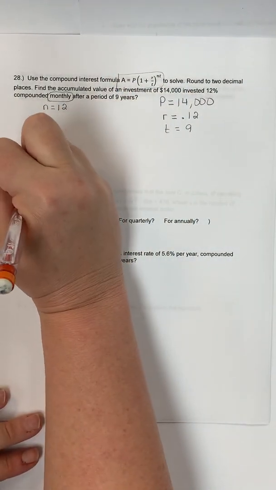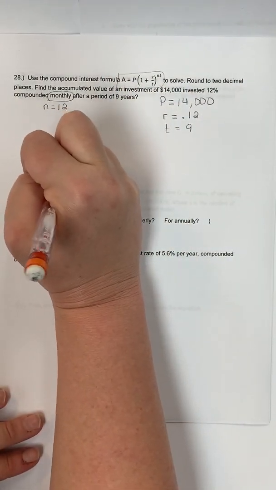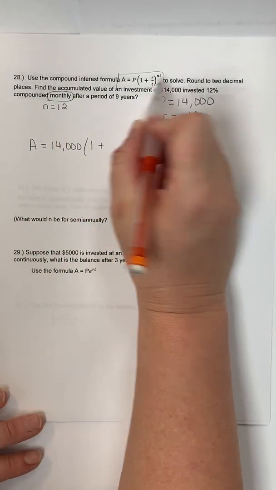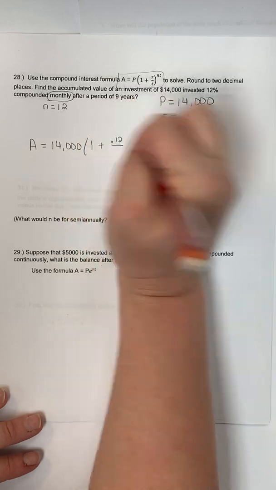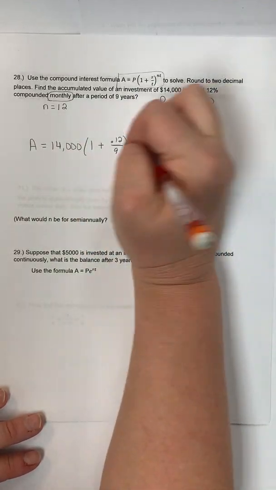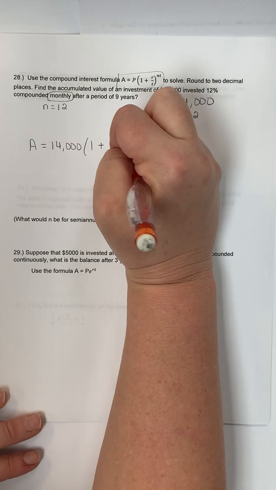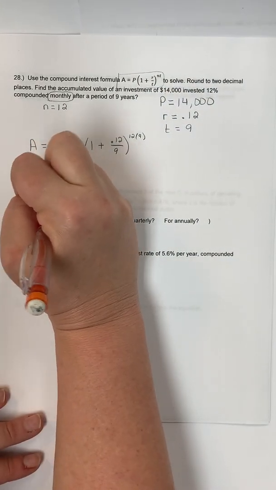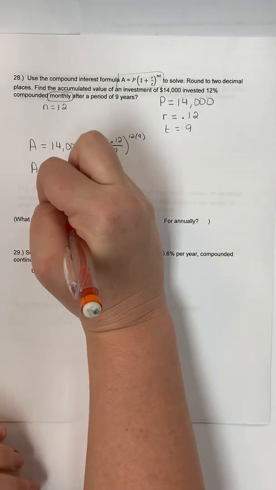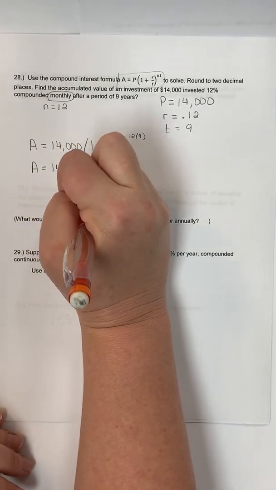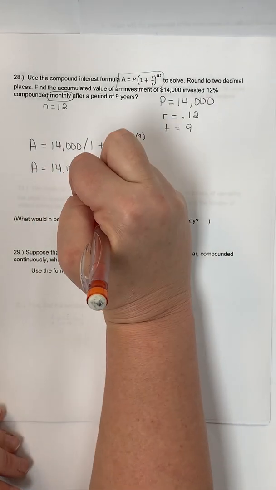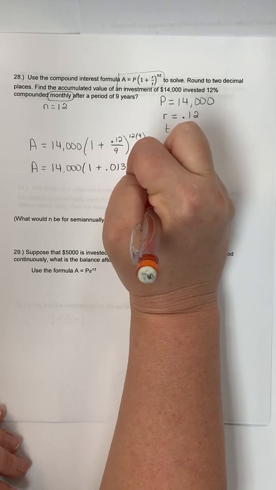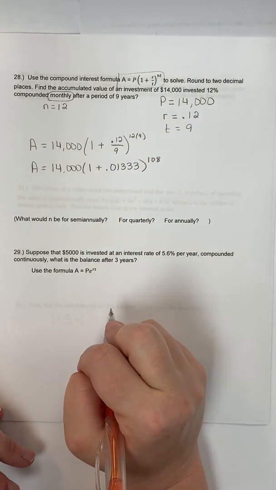Now I'm just going to plug it right in. I'm going to have 14,000 times 1 plus R over N, 0.12 over 12, to the power of 12 times 9. Okay. Remember, we take it one step at a time. 0.12 over 12. Now, depending on where you round here is going to really vary your answer.